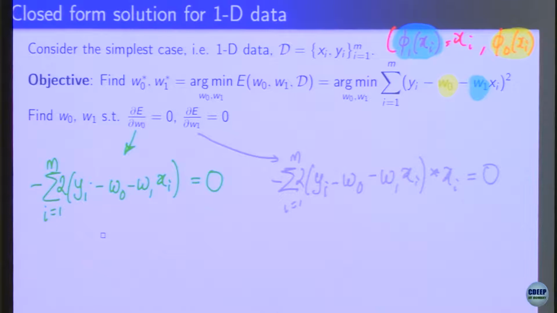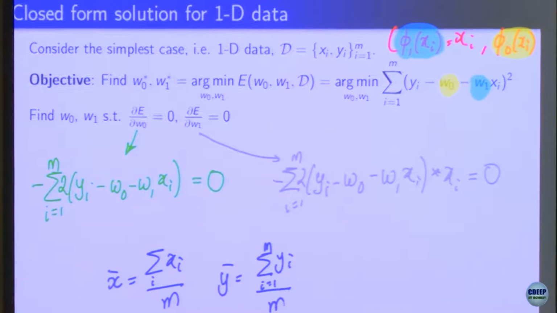Let's make this shorthand. We'll assume that x bar is summation xi divided by n. Y bar is the average.